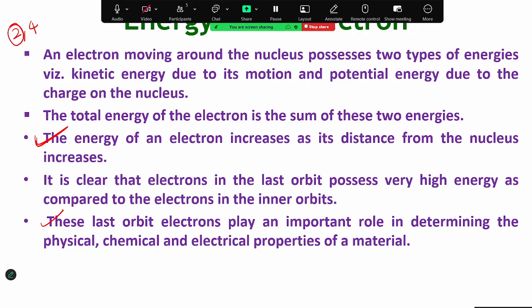We can't do anything with the inner part, it is stable only. Any electrical, physical or chemical property we can do with the last orbit only. So the last orbit electron plays a major role in determining the physical, chemical or electrical properties of the material.